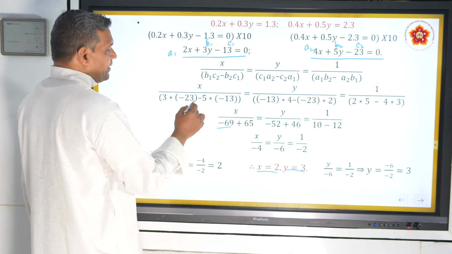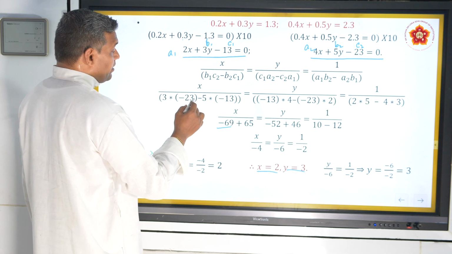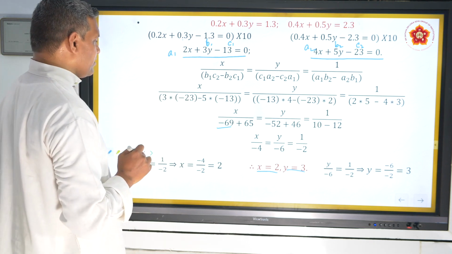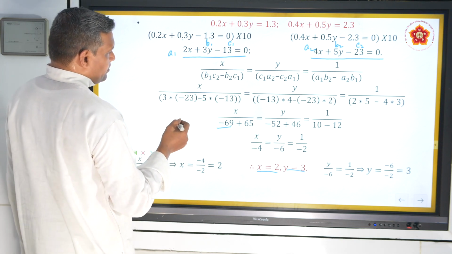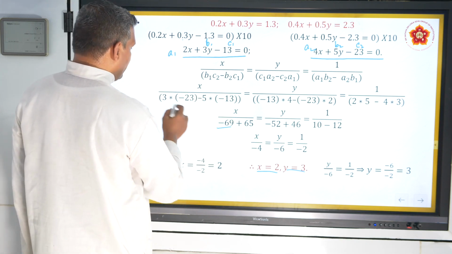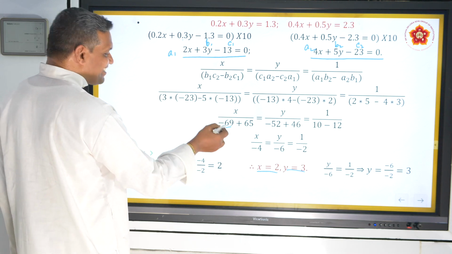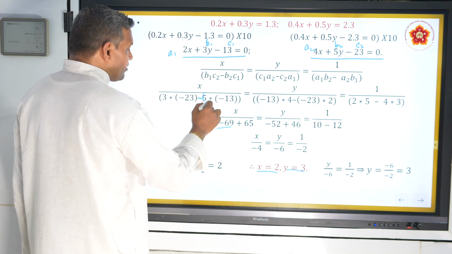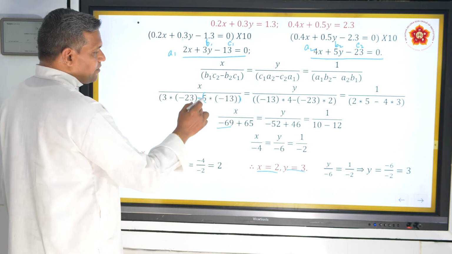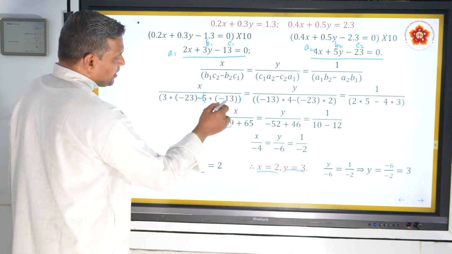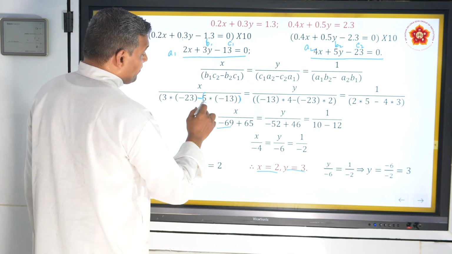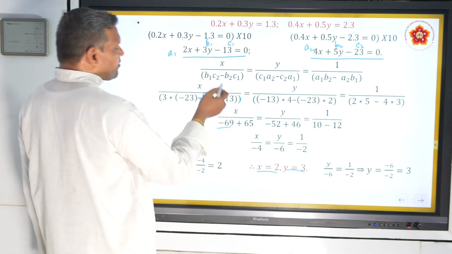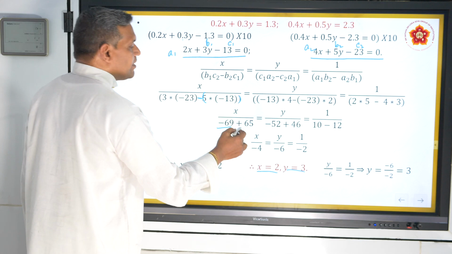Then after that, 23 3s are 69, and here I've got a minus sign, so I should multiply these two numbers together now. 13 5s are 65, 5 is positive, 13 is negative, so I get minus 65. But in front of the bracket I have another minus, minus of minus becomes plus 65.